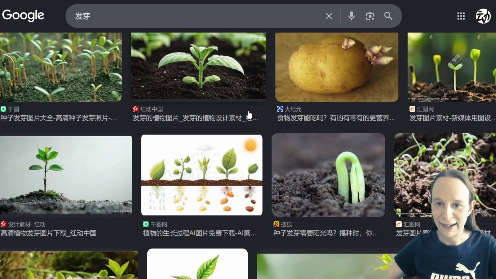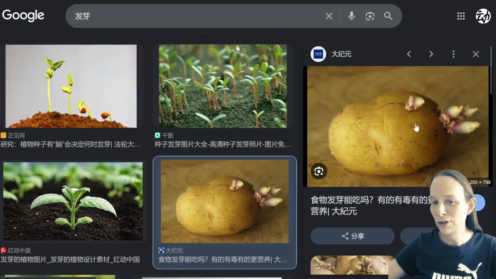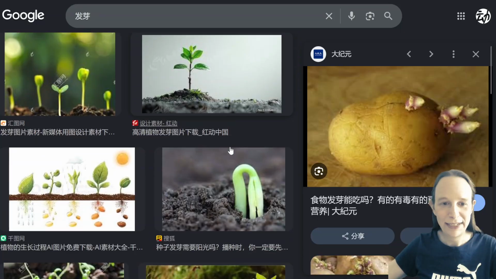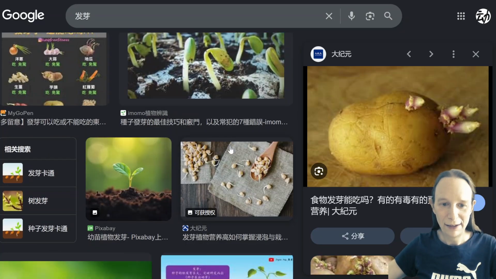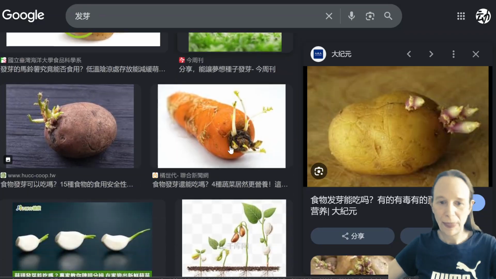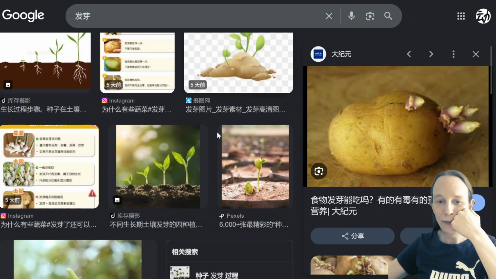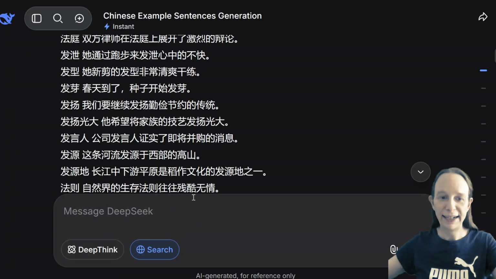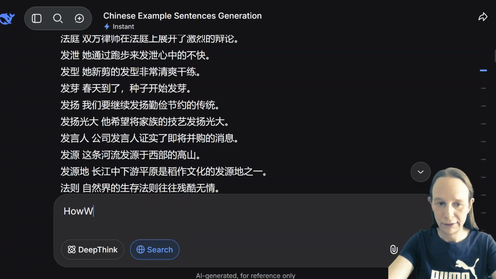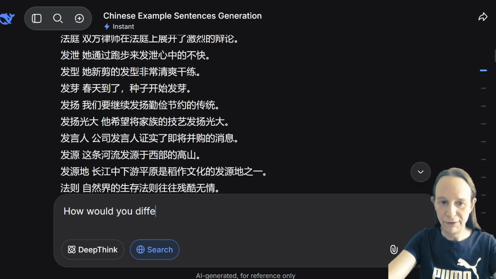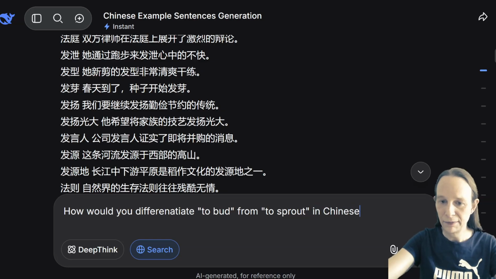Coming out of the ground. This is to bud, isn't it? In a potato. Yeah, how would you differentiate them in Chinese? Would you differentiate to bud from to sprout in Chinese?